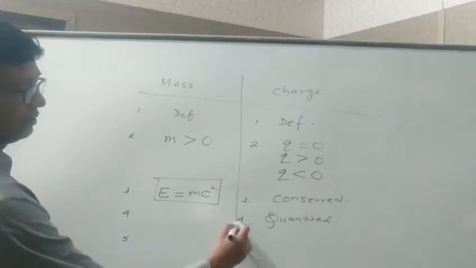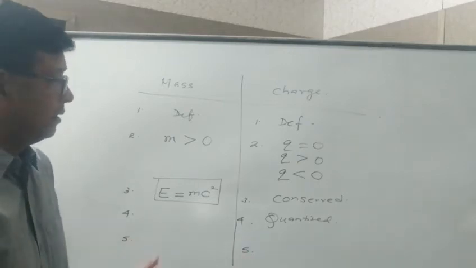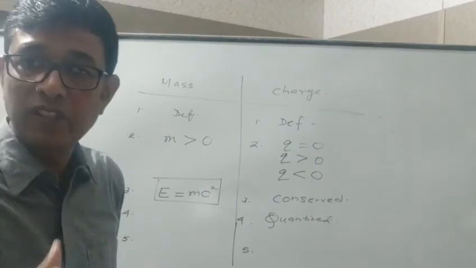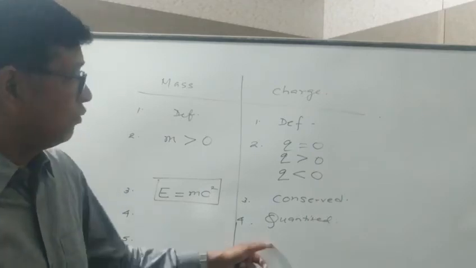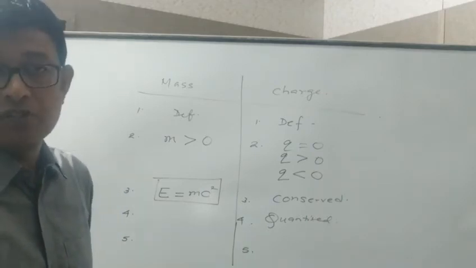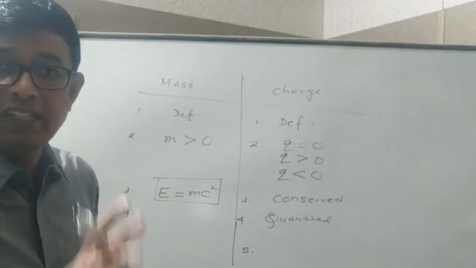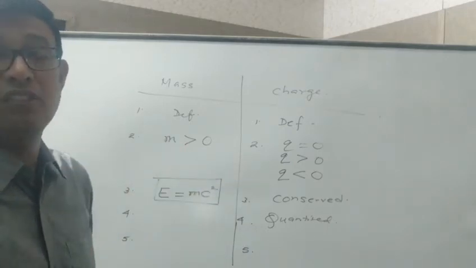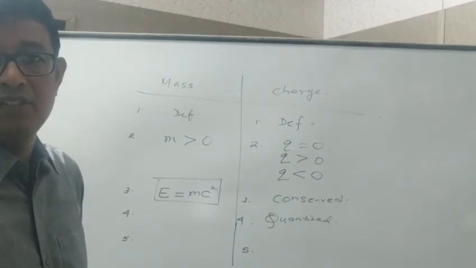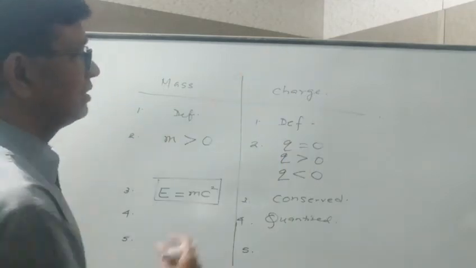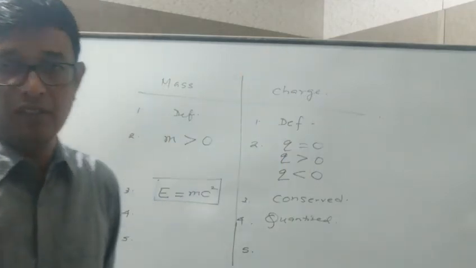Another point. Mass of a body is dependent upon its motion, while the net charge on a body is independent of the motion of the body. So that is known as invariance of charge. So these are some basic differences between mass and charge, isn't it?